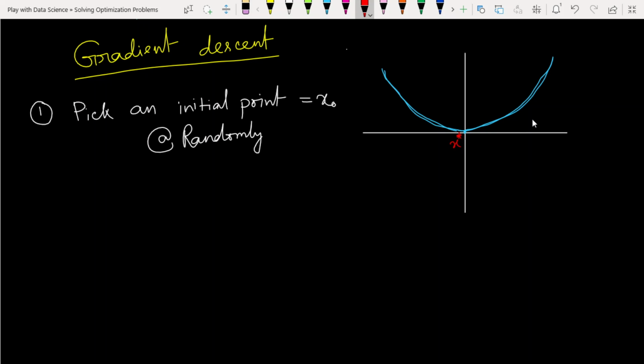Here is our x star. First we choose this point x naught initially here. In this direction our slope value will be positive.